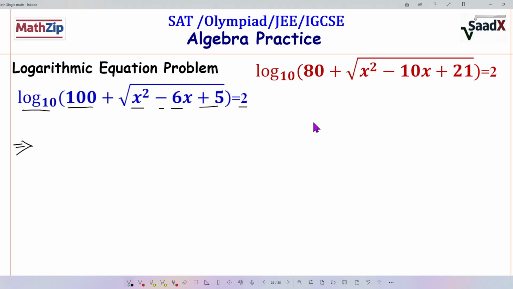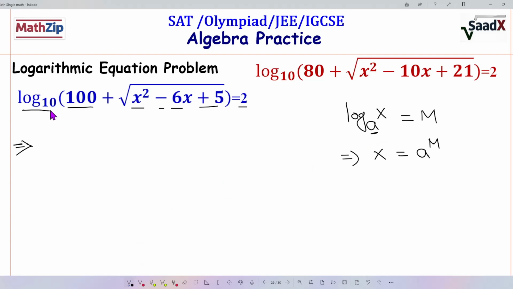Before starting this equation, we have to know a rule. Log base a of x equals m can be written as x equals a to the power m. It means the base will be the same.